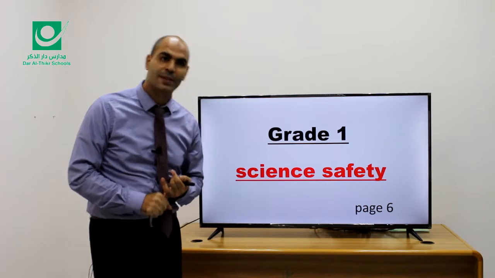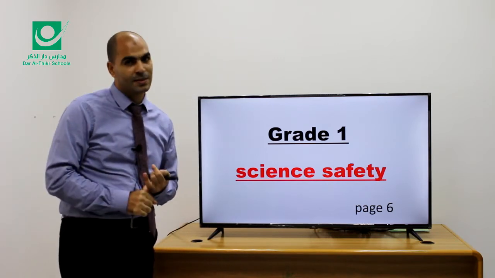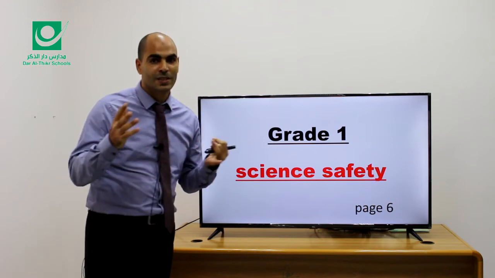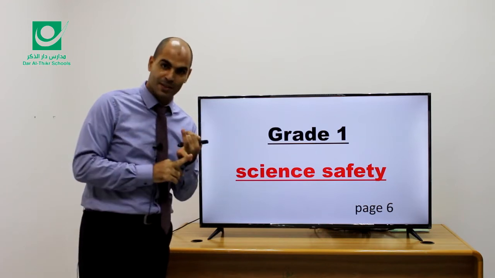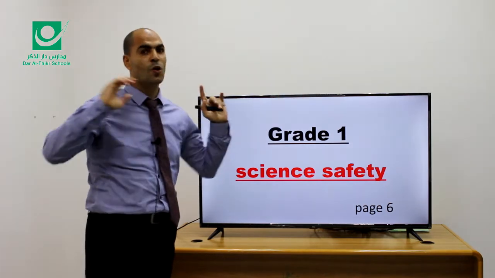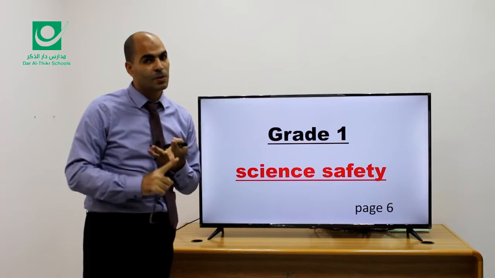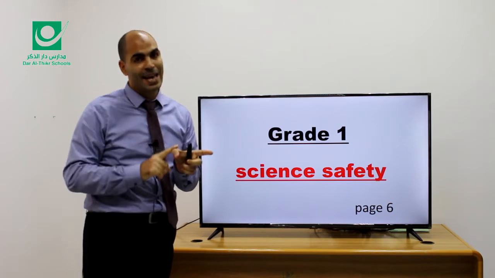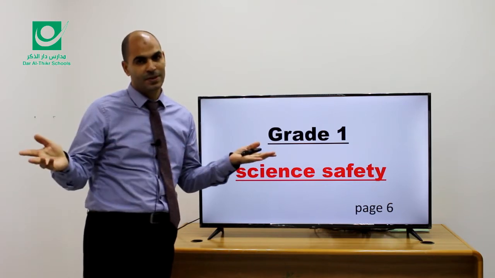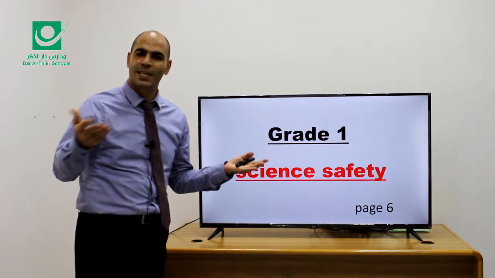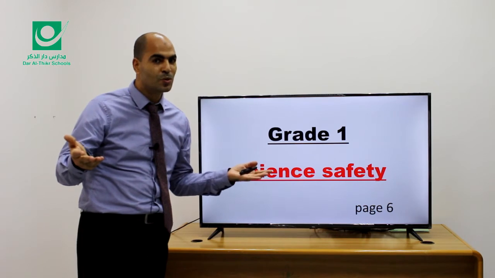And we learned some things about scientists. We learned what a scientist studies. He studies the world, the whole world around us. He studies plants, animals, light, sound, movement. And what are the things that a scientist should do?